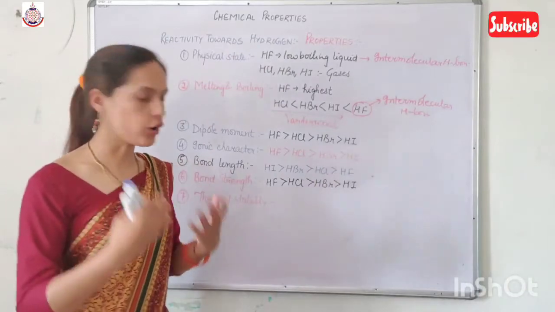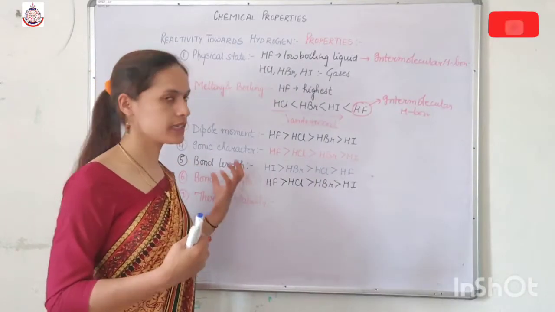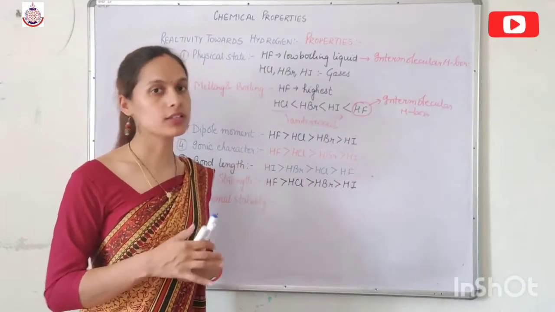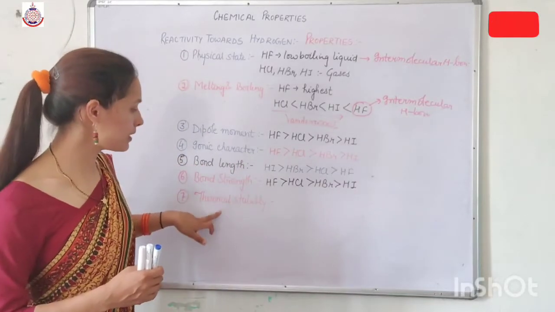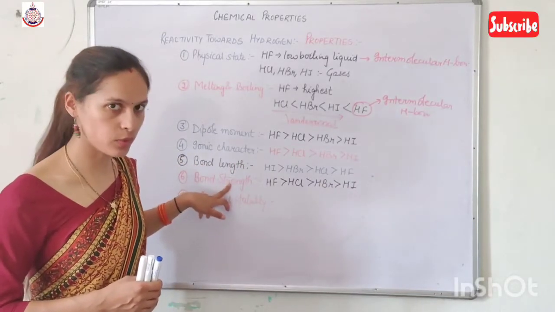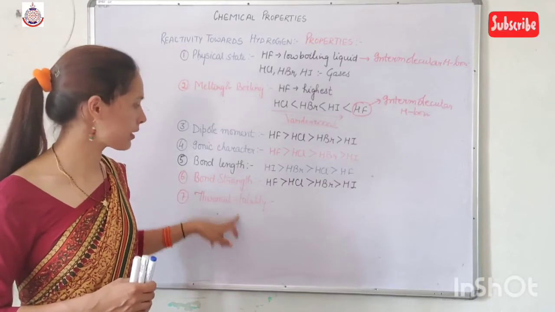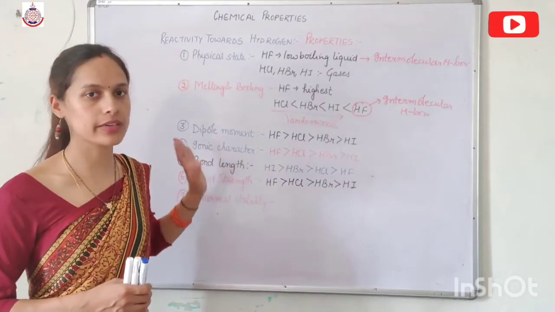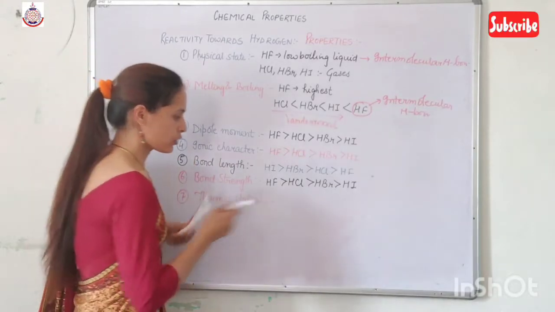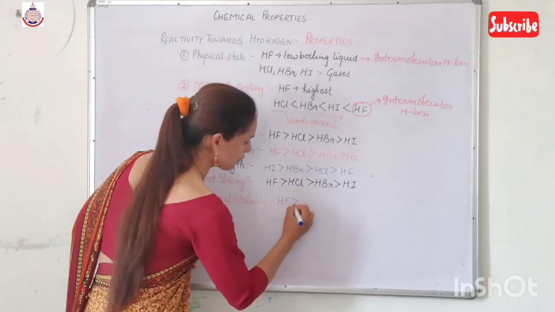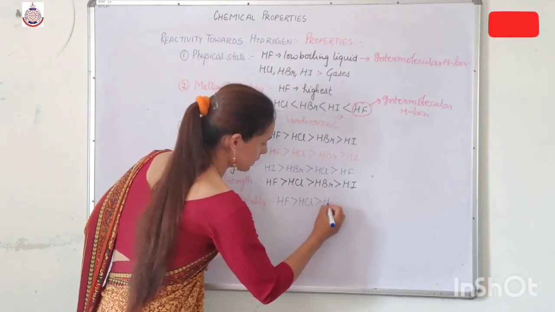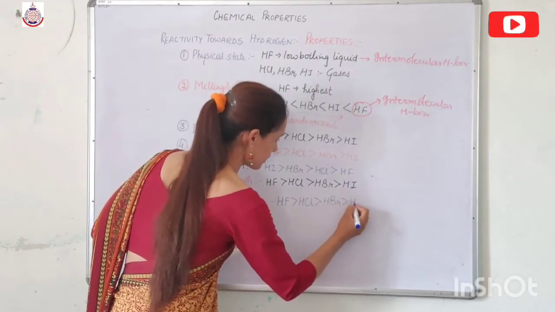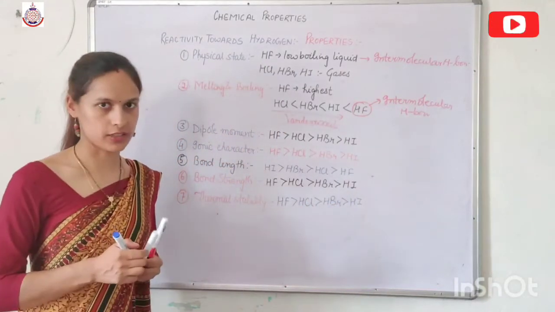So the order of thermal stability is similar to that of the bond strength. And if thermal stability is directly related to the bond strength, it means thermal stability is inversely related to the bond length, because bond strength is inversely related to the bond length. So the order becomes HF, HCl, HBr and HI, similar to that of the bond strength.